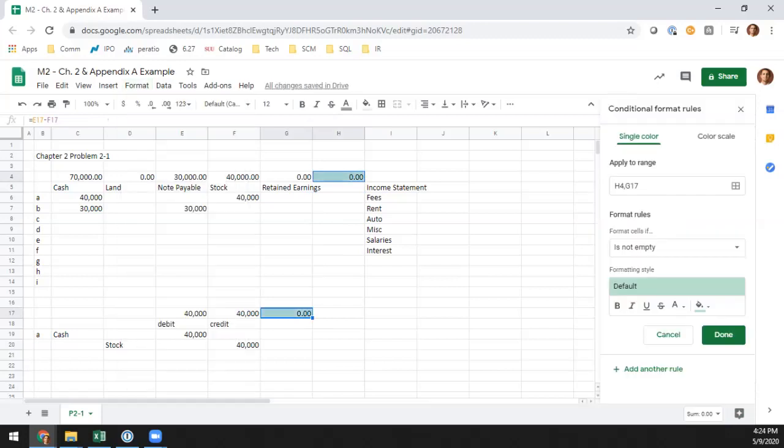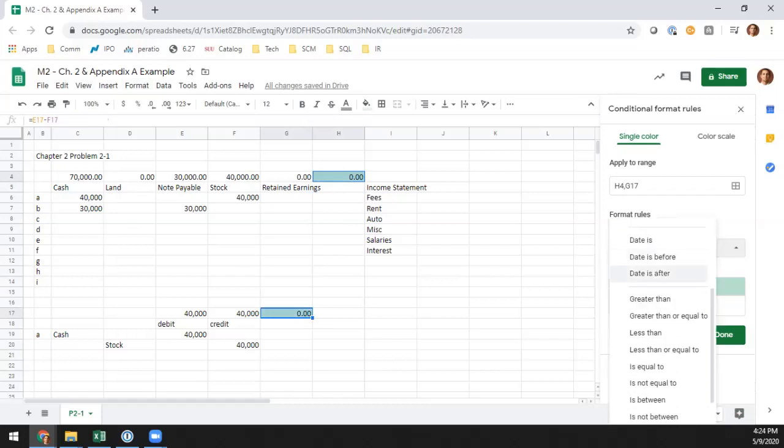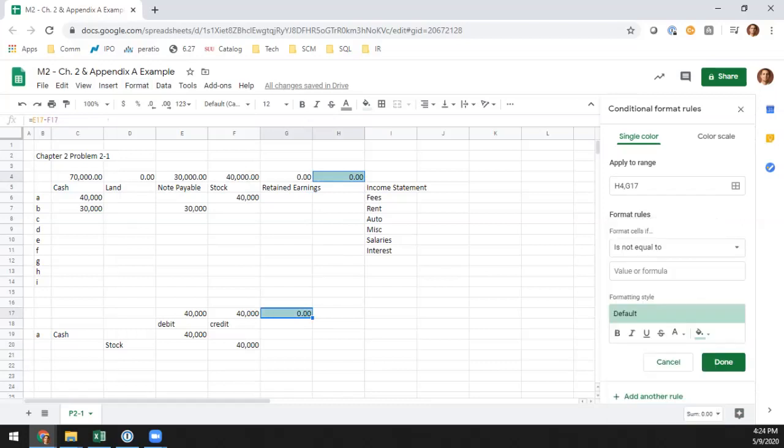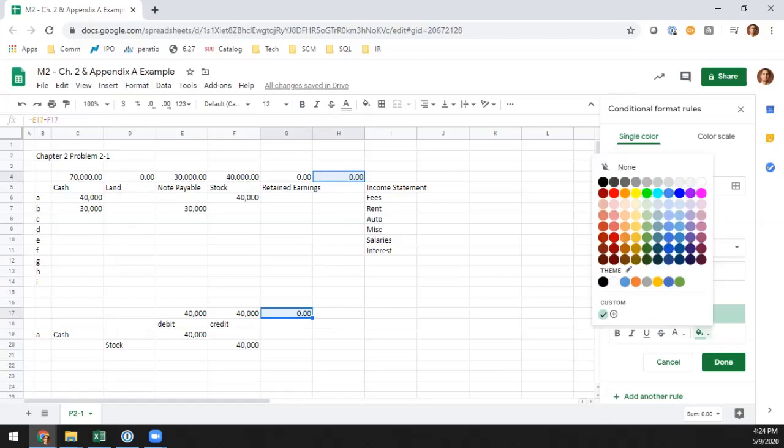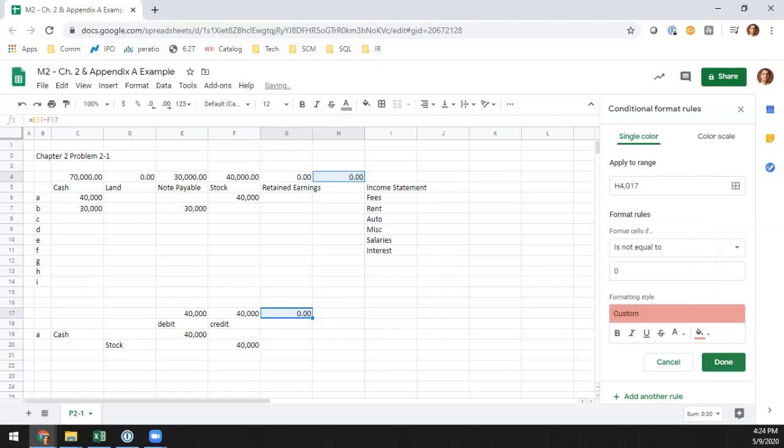So this conditional formatting is applying to these two cells I have highlighted, H4 and G17. And my rule is if it is not equal to. Okay, so those cells are supposed to be 0. If they're not equal to 0, I want to highlight them a reddish color.